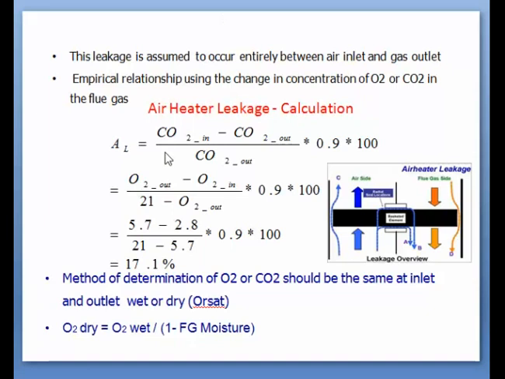In terms of carbon dioxide, air heater leakage is given as: carbon dioxide percentage at the inlet minus carbon dioxide percentage at the outlet, divided by carbon dioxide percentage at the outlet, multiplied by 0.9, multiplied by 100. That is based on the carbon dioxide measurement in flue gas at inlet and outlet.